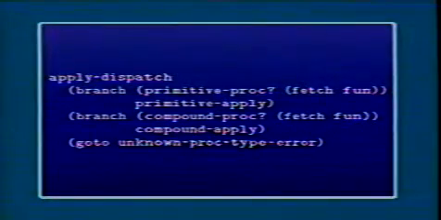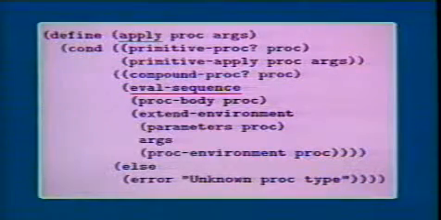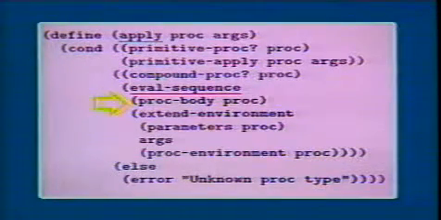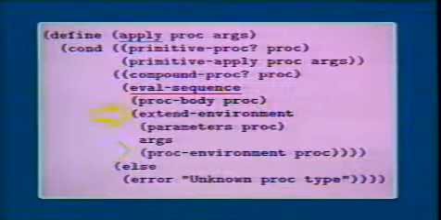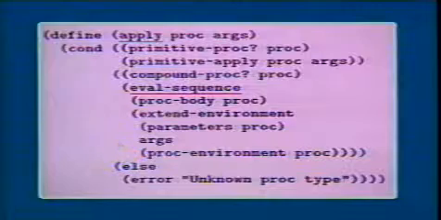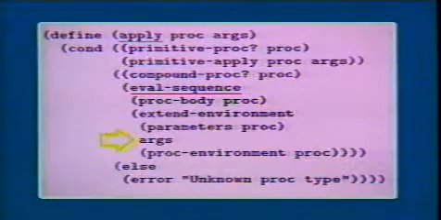Now, what's compound apply? Well, remember what the metacircular evaluator did. Compound apply said we're going to evaluate the body of the procedure in some new environment. Where does that new environment come from? We take the environment that was packaged with the procedure, we bind the parameters of the procedure to the arguments that we're passing in, and use that as a new frame to extend the procedure environment.